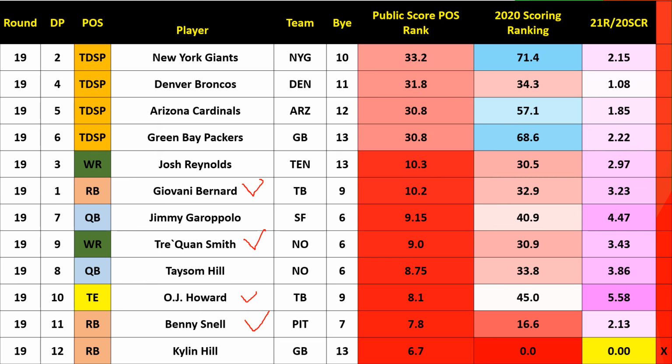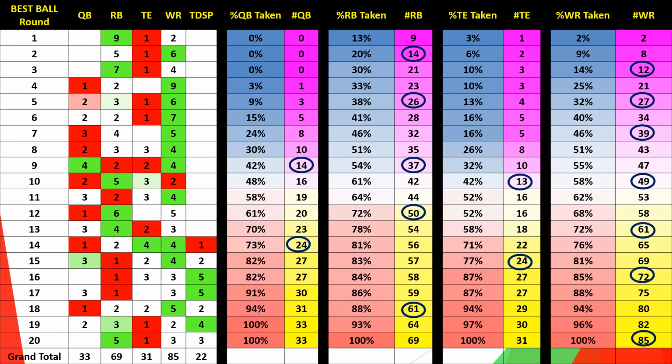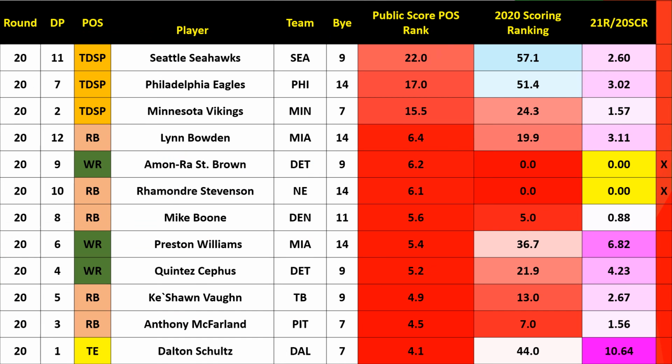And finally, the last round, it's the RBs off the board and the last defense. Bowden, everybody's boy, you talking about getting some Twitter talk right there. That guy, Boone. Yeah. I'm probably not grabbing any. I like this guy. Cephas is a deep play.